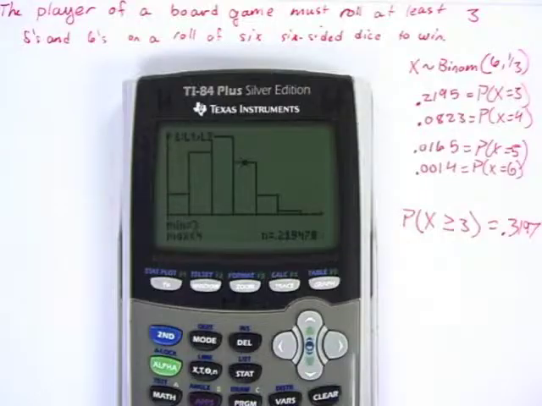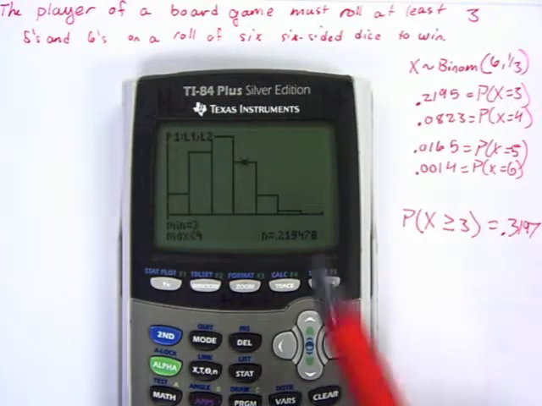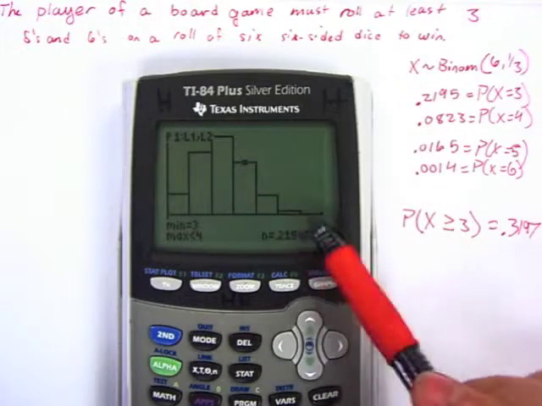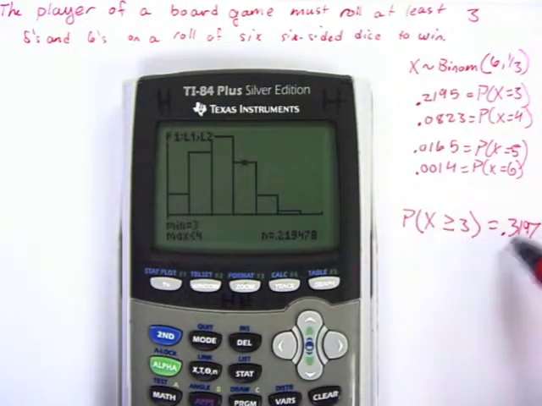we want to find the area that those 4 bars take up. The trick with the binomial CDF function, though, is that it will only find areas that are less than or equal to. So we cannot directly find the area underneath these bars where x is greater than or equal to 3.